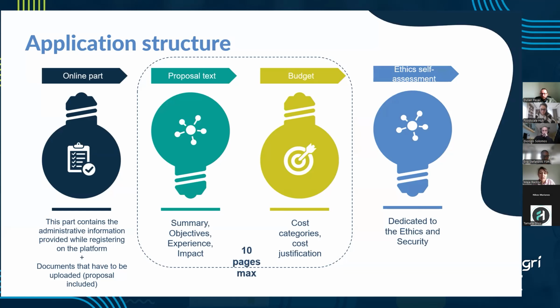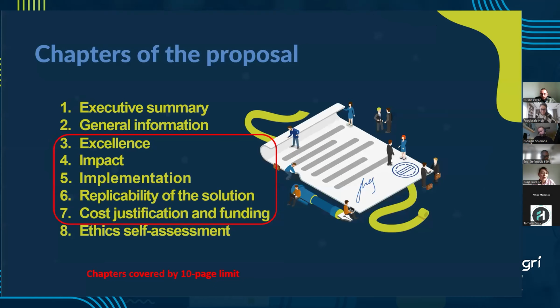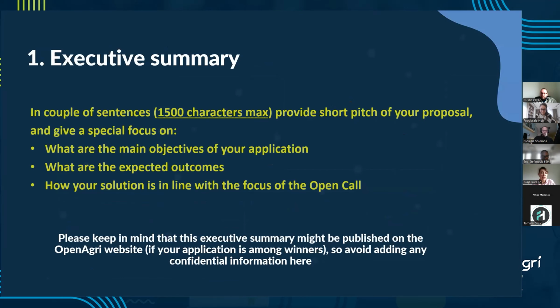Here we will mostly focus on the middle part, the proposal text and budgets, which cover these five chapters of the proposal. In the executive summary, you need to give us a couple of sentences about your idea, a short pitch.